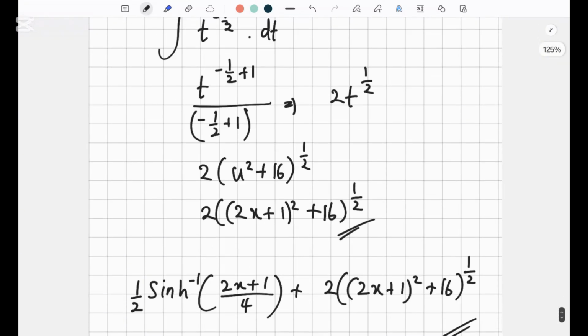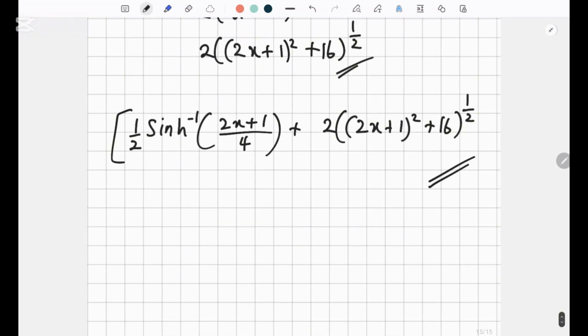So let's put our intervals in now, 1 over 3 to 1. Let's put in 1 first. So we have half sinh inverse of 2 into 1 is 2, 2 plus 1 is 3, 3 over 4, plus 2 into (2 into 1 is 2, 2 plus 1 is 3, 3 squared is 9, plus 16) that's 25 to the power half.